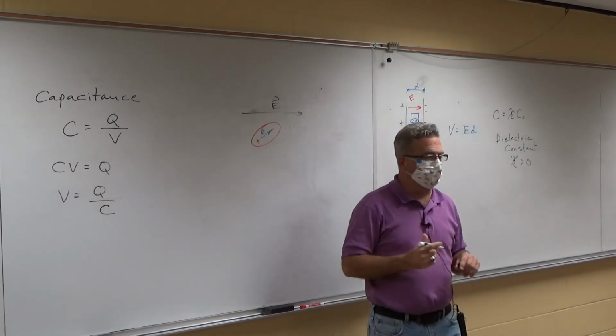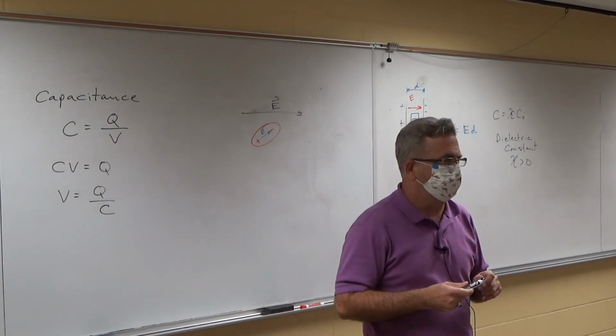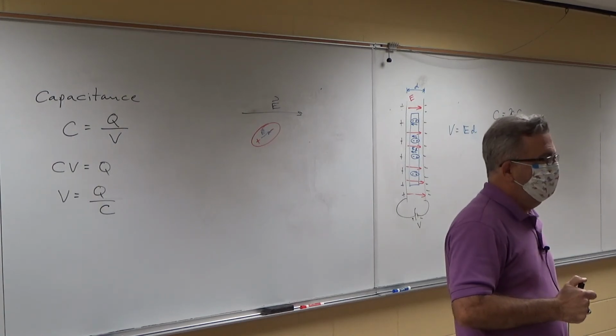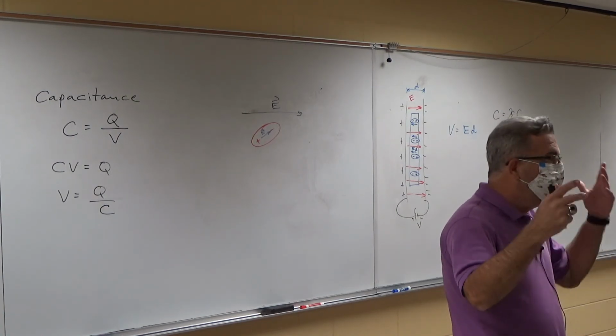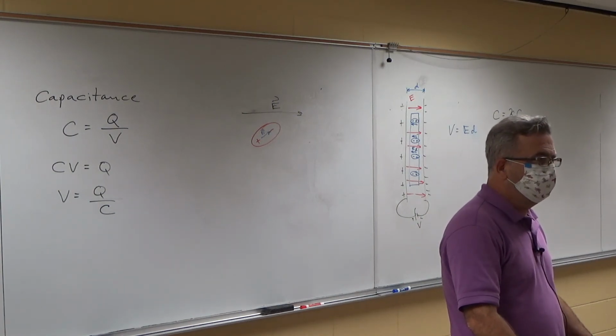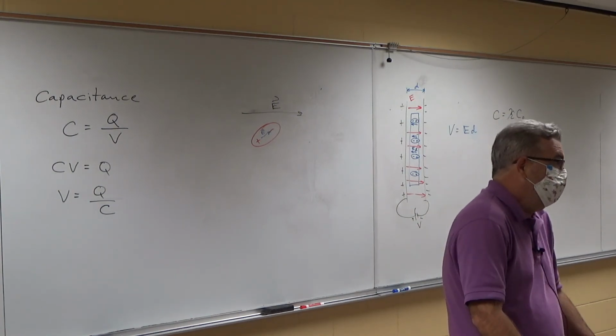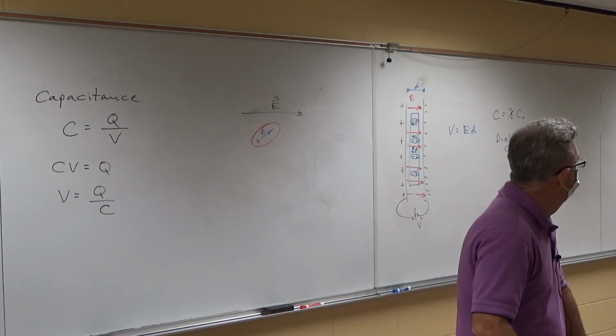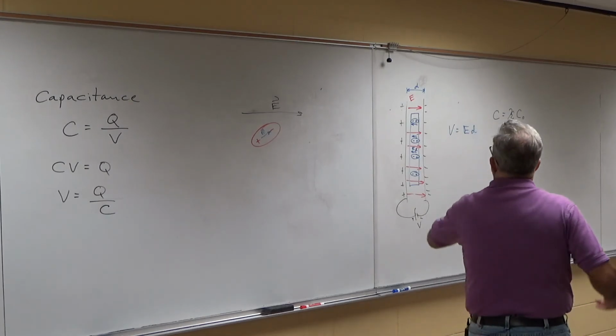It increases the capacitance of the capacitor. It may be 2, it may be 3, it may be 5.7, depending on the material. Paper is a good dielectric material. Plastics, what do we got? 3 minutes. Okay.